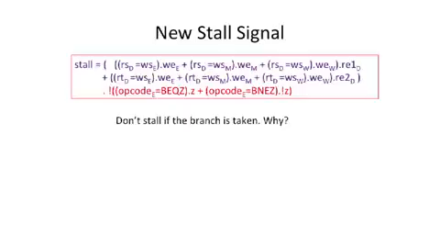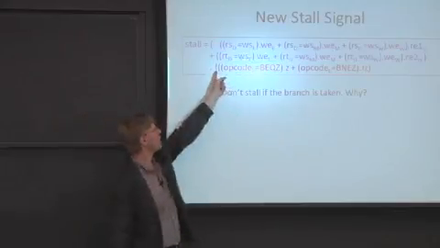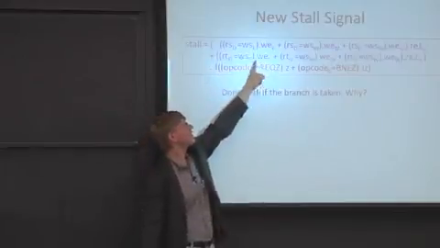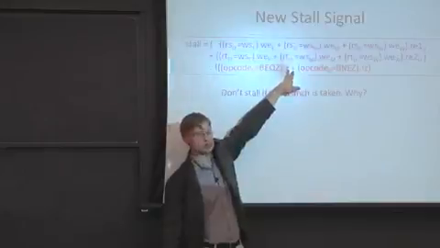But now we add another term. We add a branch term. We need to know whether there's a branch going on here, because we need to unstall the processor if the branch is taken. So we're going to add not, and this is effectively a branch 0 and the value is 0.